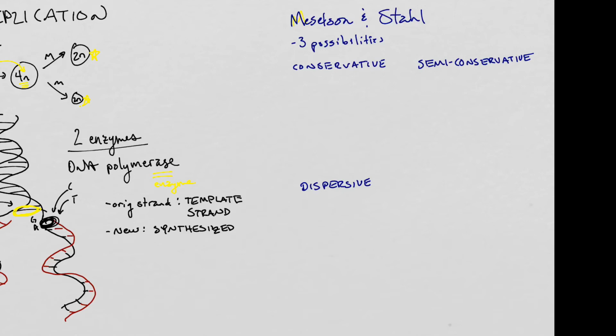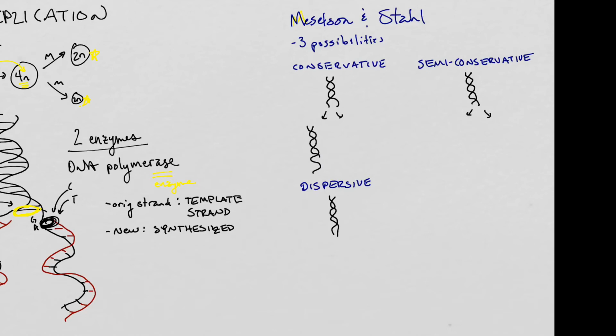So, in conservative replication, we have our DNA molecule here. And we always start with a single DNA molecule. So I'm going to draw my double helix in a bunch of spots. And the idea here is that in conservative replication, the original DNA molecule stays together.